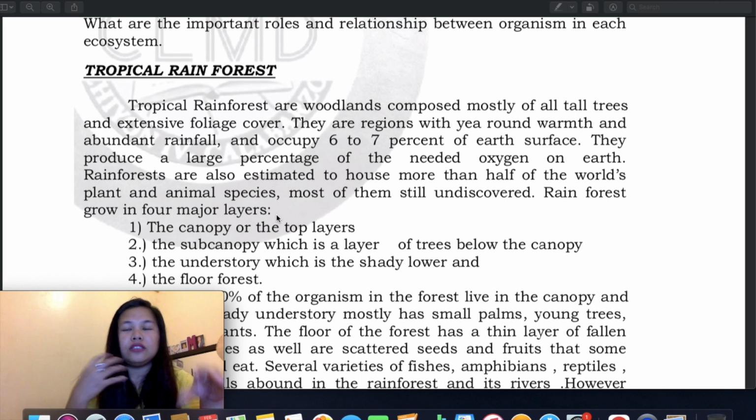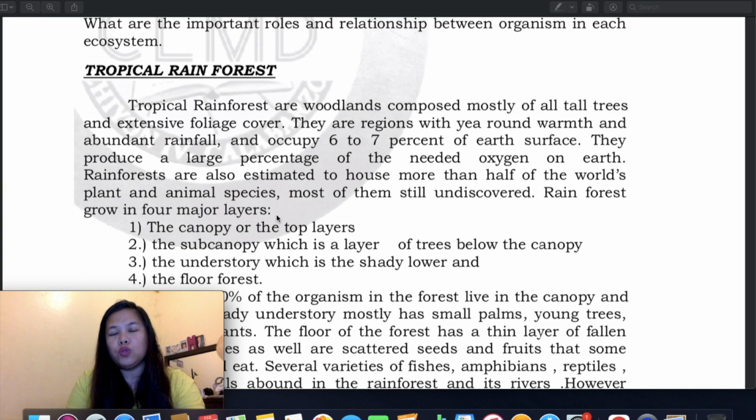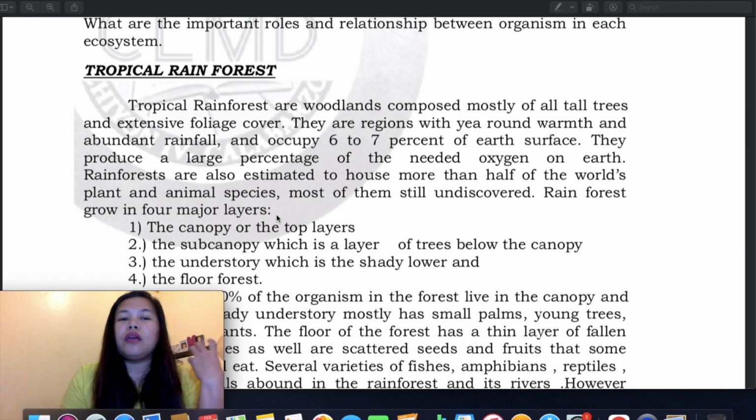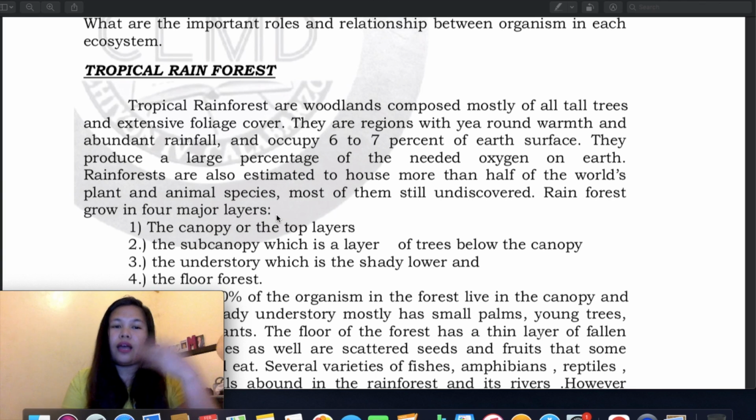And mga zoologists naman is yung scientists that are studying more on animals. So nagagather pa sila ng information and data to discover new species of plants and animals in that particular ecosystem that is the rainforest.